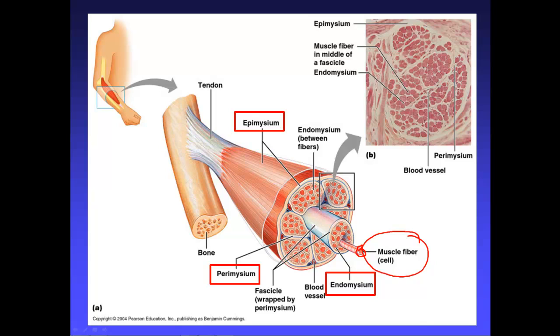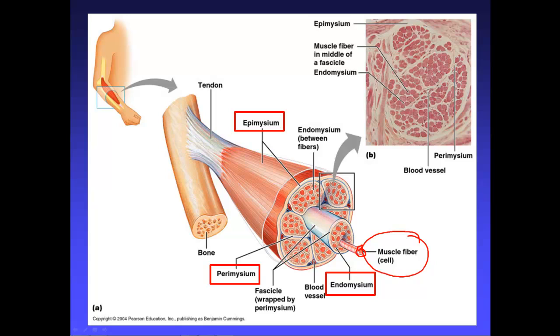So you have these individual muscle cells wrapped in their individual endomysial wrapping. And the endomysium is made up of a particular type of connective tissue. It's made up of areolar connective tissue, which is a very, very fine type of connective tissue that can stretch and deal with the shape changing that those muscle cells go through on a regular basis.